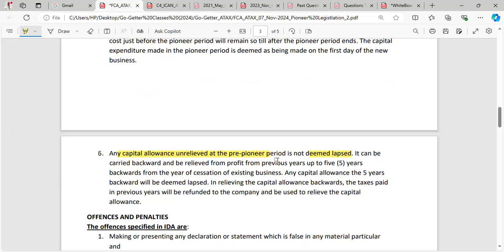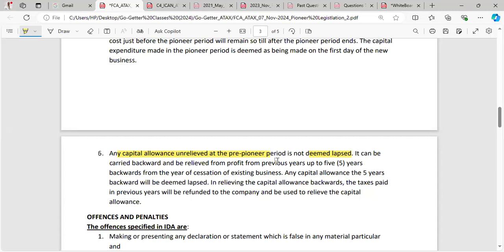Unlike a loss that you had at the cessation date, which we say is lost forever, if on the cessation date you have capital allowances that you have not fully claimed, they are not deemed lost like a loss.